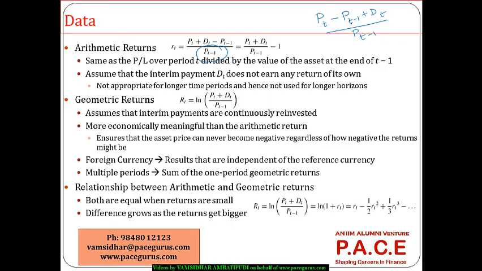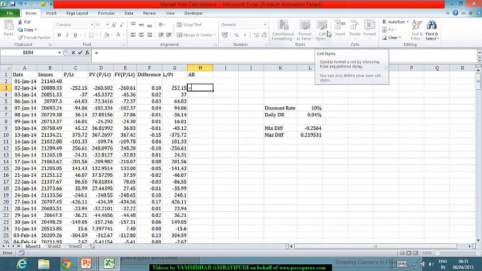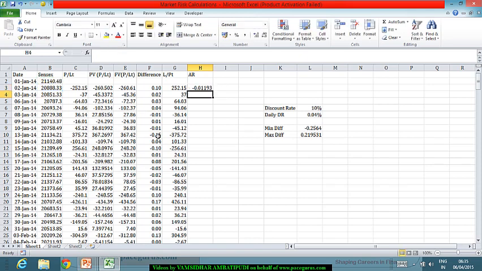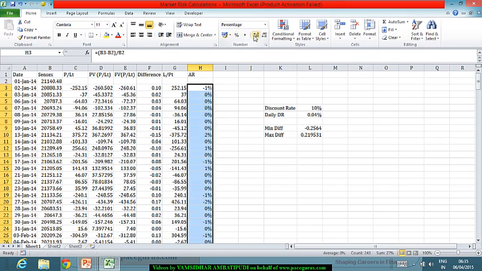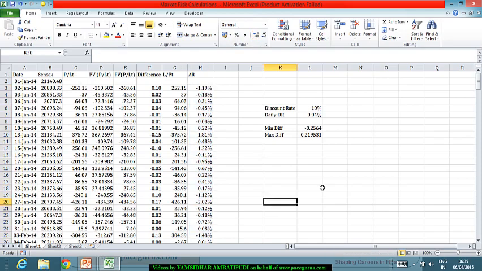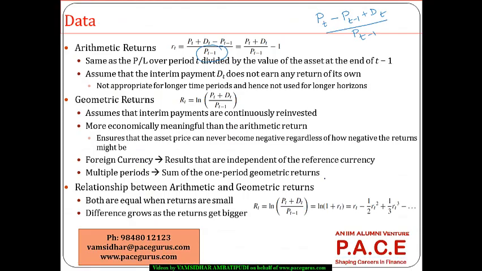So again, under the assumption that dt does not exist in this data, it is as good as the price of period t minus the price of period t minus 1, divided by the price of period t minus 1. So this is coming out as the arithmetic return on the data. Right, so these are the arithmetic returns.